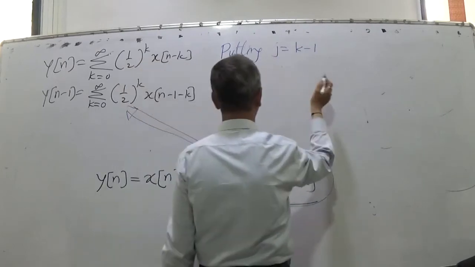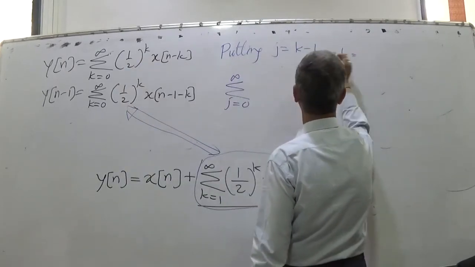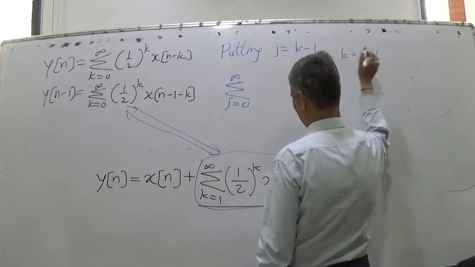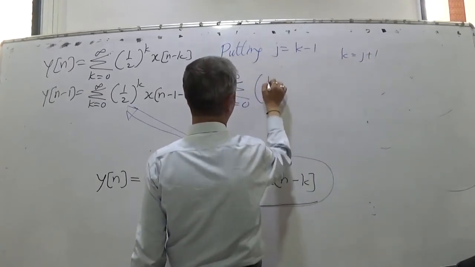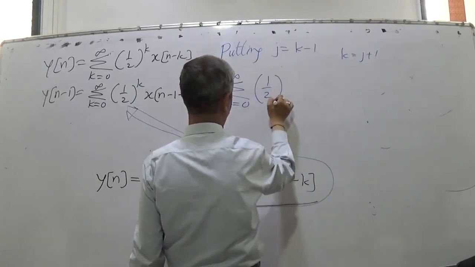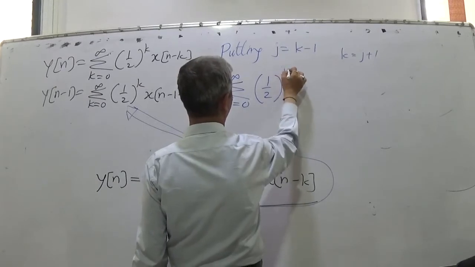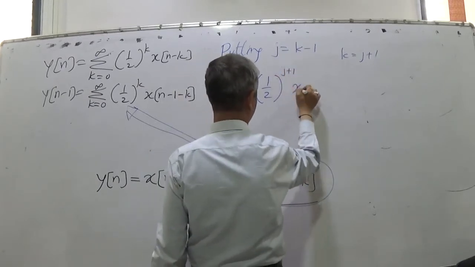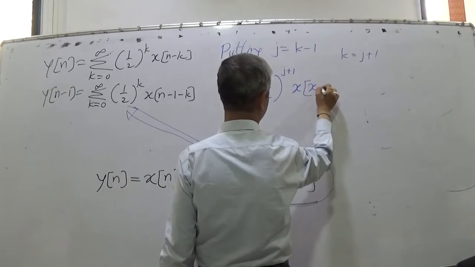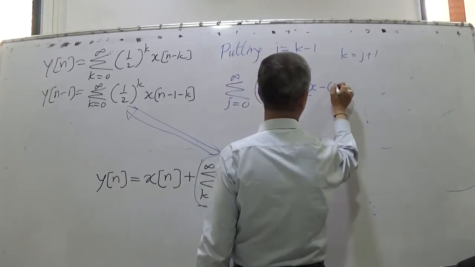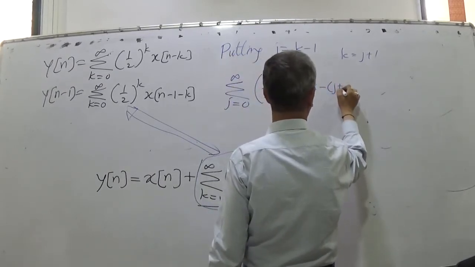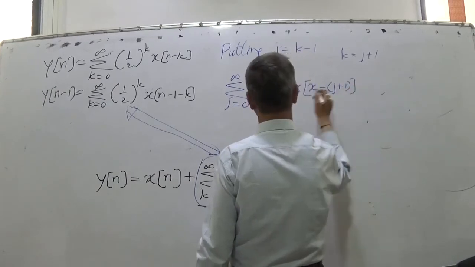J is k minus 1, so k is j plus 1. It is equal to half raised to j plus 1, x of n minus (j plus 1).